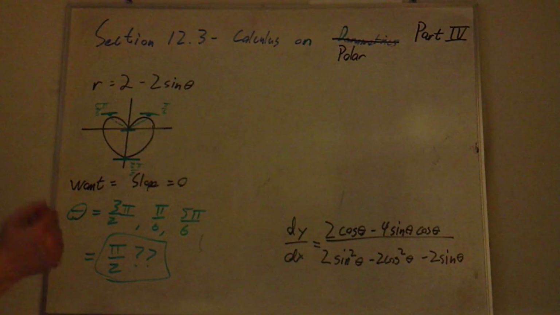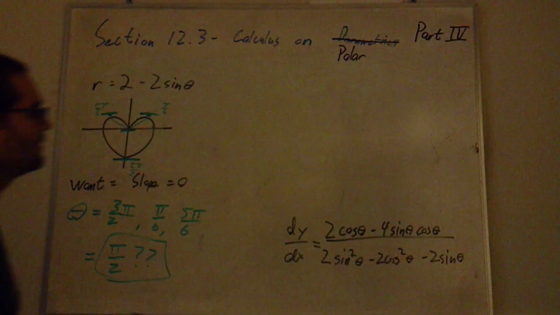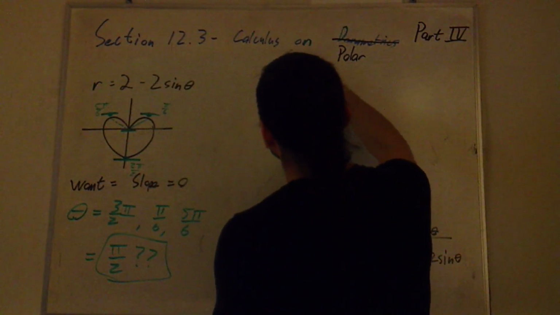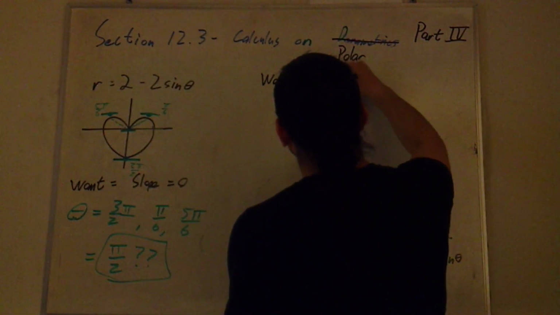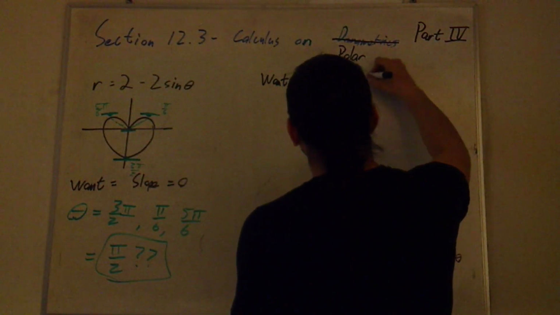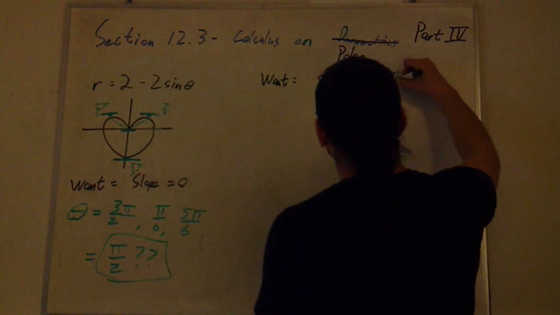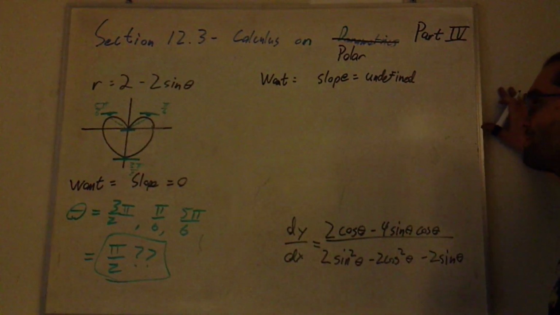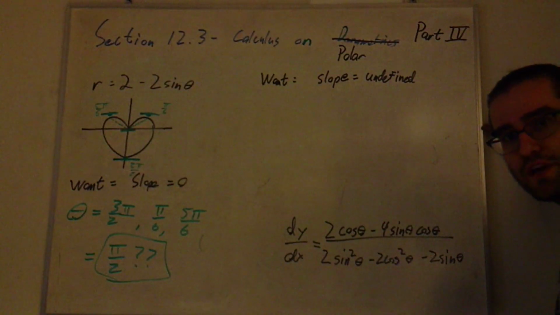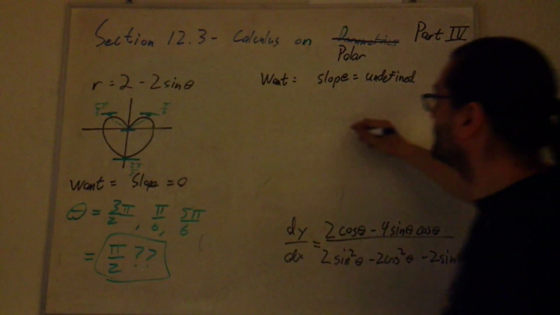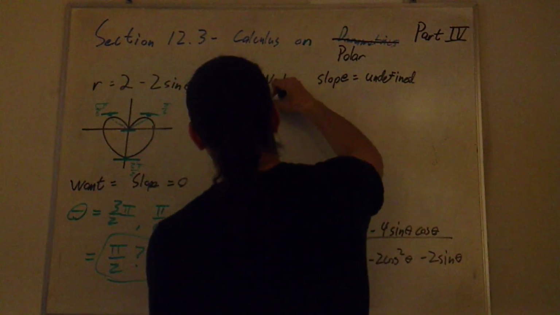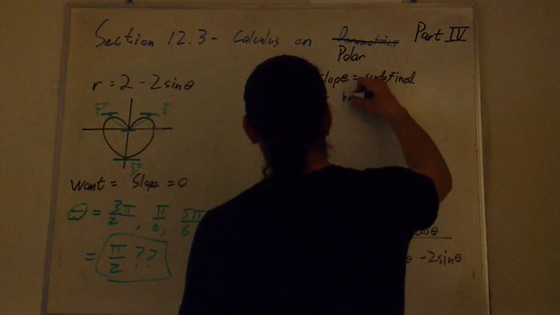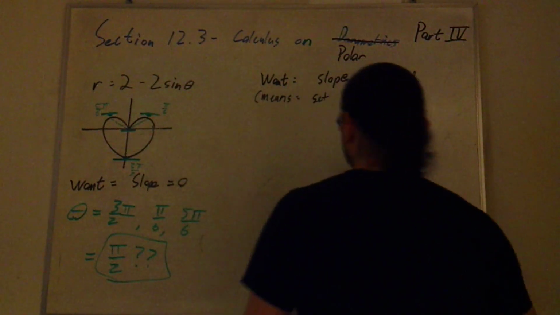First, I want the slope to be undefined. And if the slope is undefined, that means I want to set the bottom equal to 0.